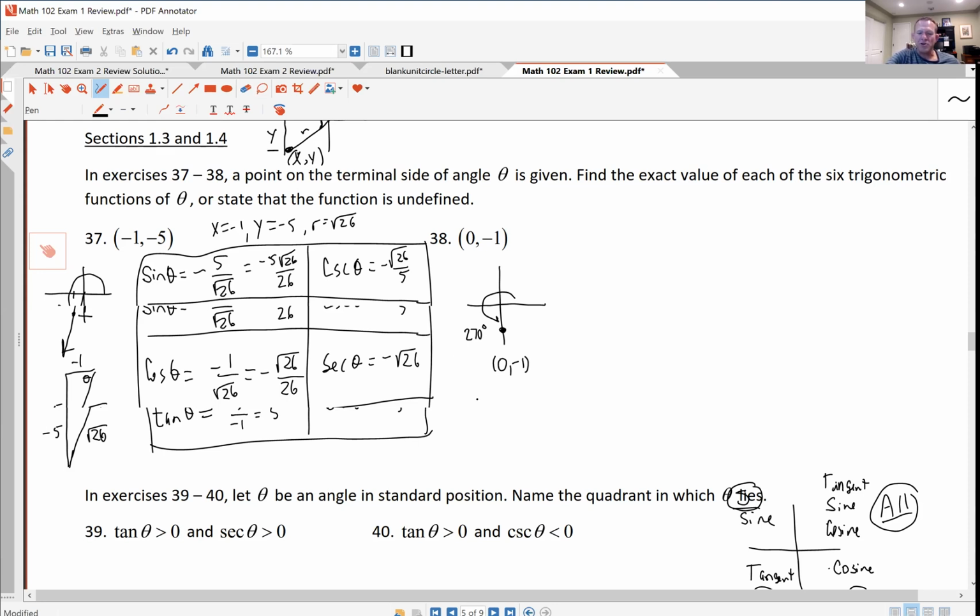So you really do need to go back and remember that x is 0, y is -1, and r is the distance from the origin to that point, which is 1. So the sine of theta is y over r. The cosine of theta is x over r. And the tangent of theta is y over x. You put a 0 in the denominator and it's undefined.